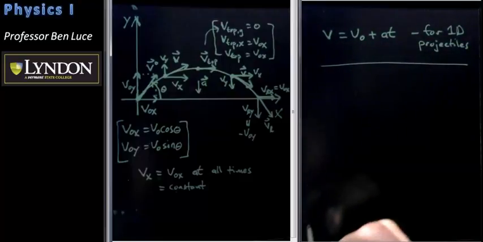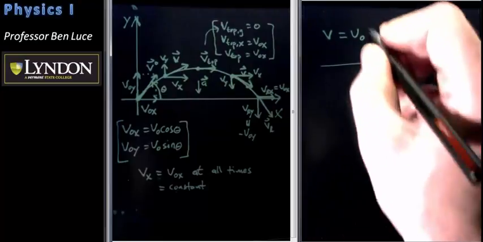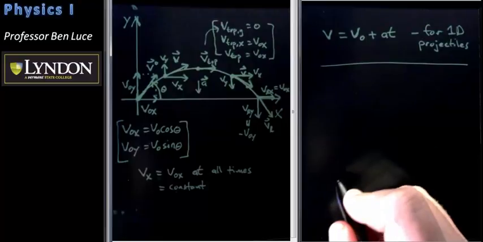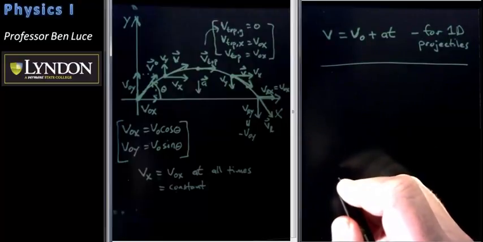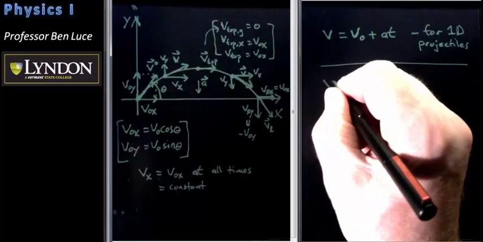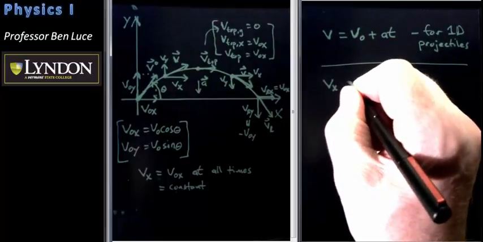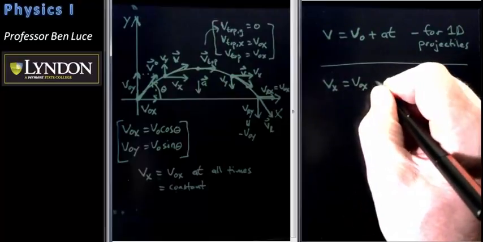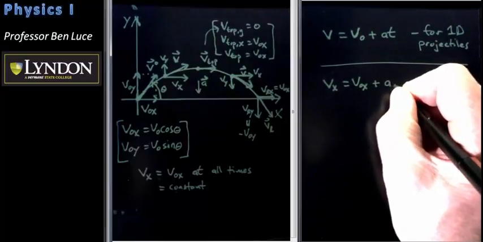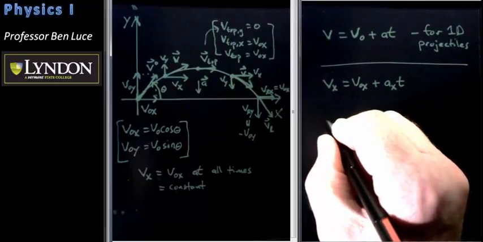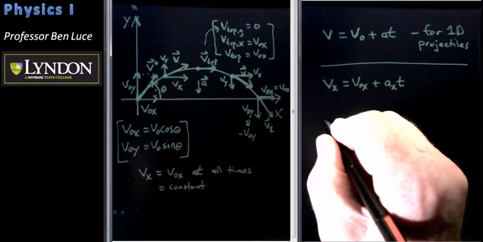Well, when we're working with 2D projectiles, now we have to take into account that we have velocity components in two different directions, both x and y. So we can begin by simply affixing x's and y's to the v equations for both x and y respectively.